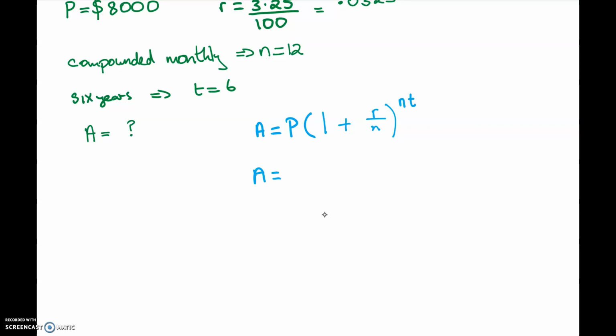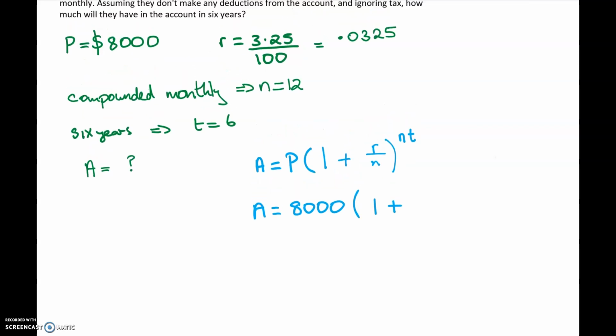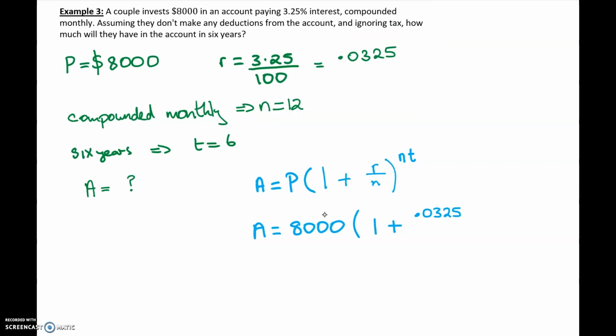A would be equal to P, which is 8,000, times 1 plus R, which was 0.0325, divided by N, which is 12, and all to the power of NT, so 12 times 6.